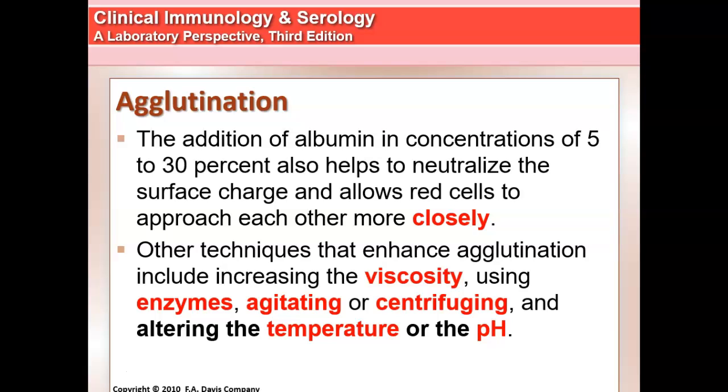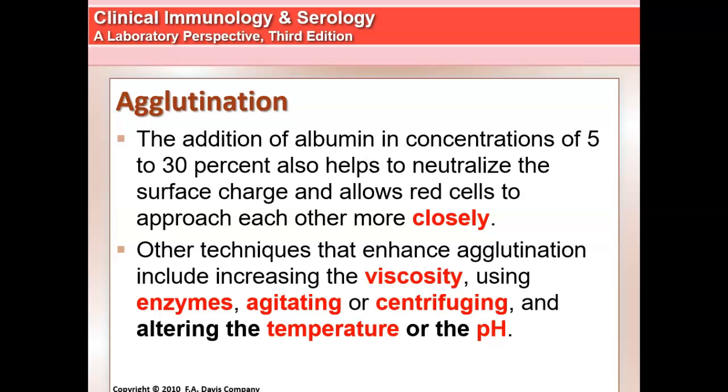Other techniques that enhance agglutination include increasing the viscosity by adding PEG, and using enzymes. If you remember back to the antibody structure and function lecture, we talked about papain and pepsin that cleave off certain parts of the antibodies to allow reactions to take place.